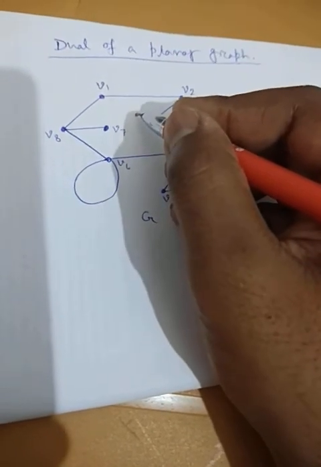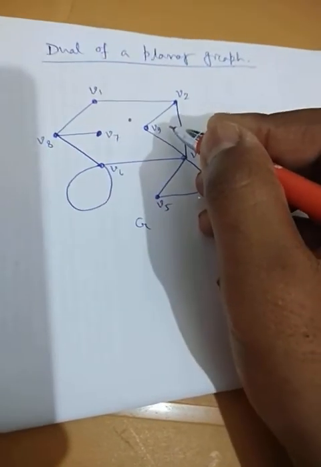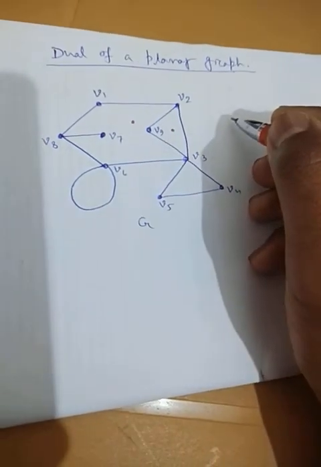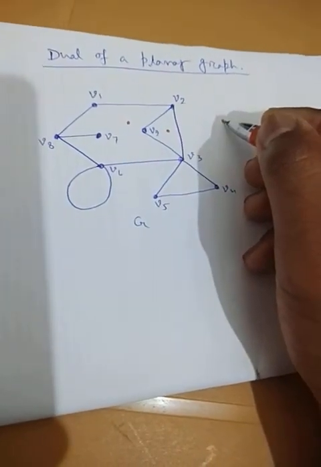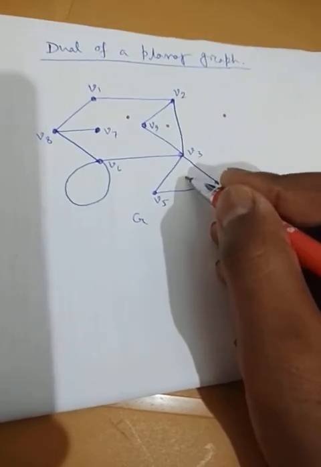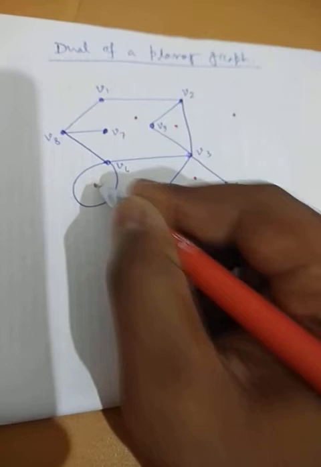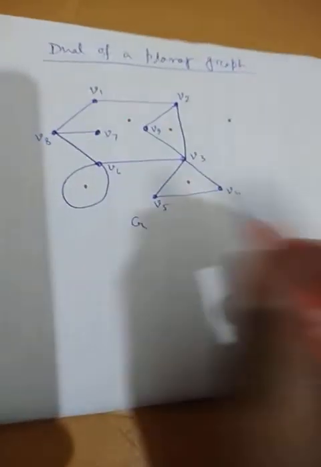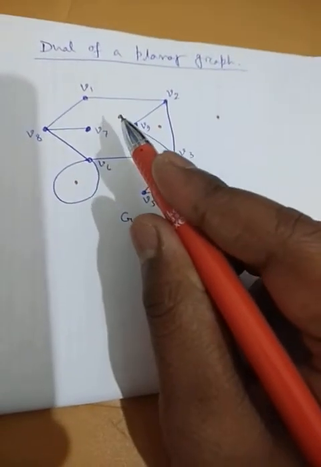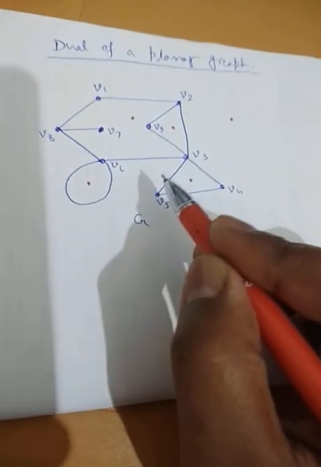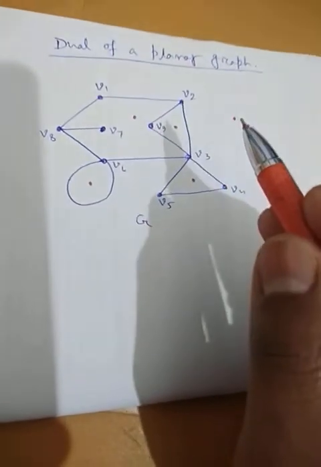I am putting the vertex here. For the outer face, I am plotting here. For this face here, and the last one. So there are a total of 5 vertices, 1, 2, 3, 4, 5, which is equal to the number of faces of the original graph.